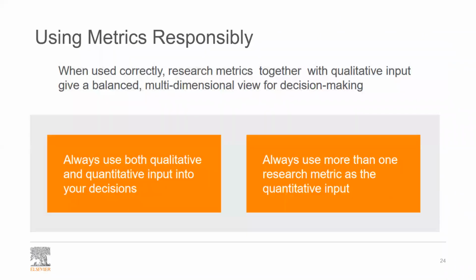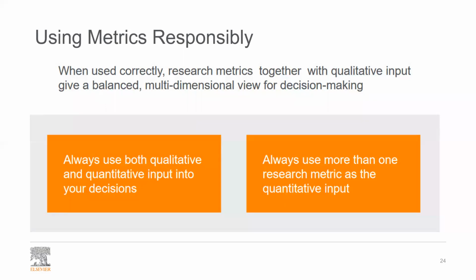And there is another thing which I think is important for me to deliver in this webinar, which is using the metrics responsibly. Because when you use research metrics correctly, together with qualitative input, they give you a balanced, multi-dimensional view for decision making.